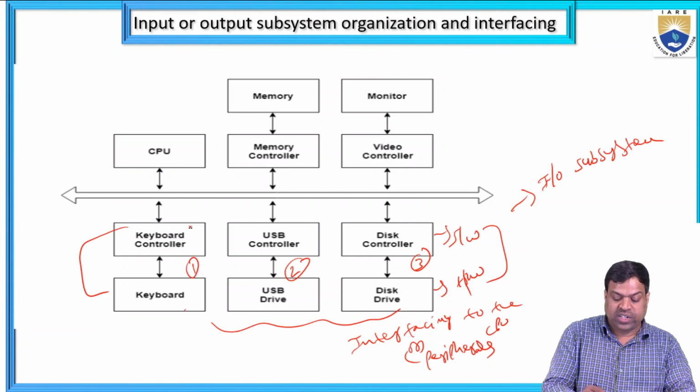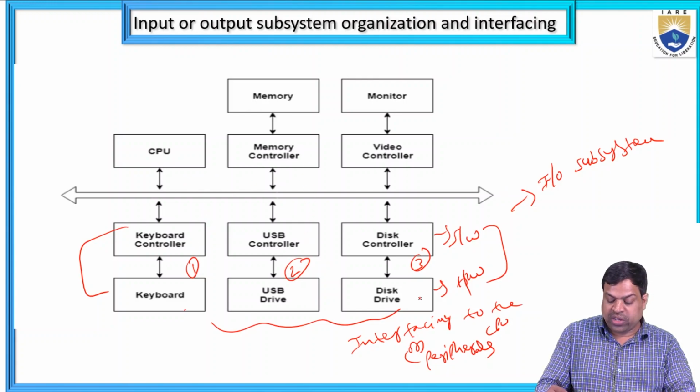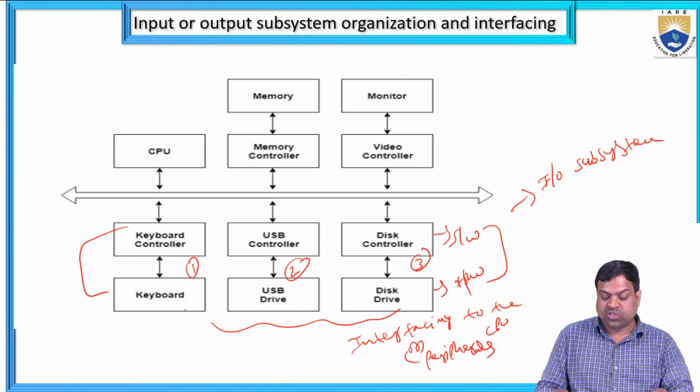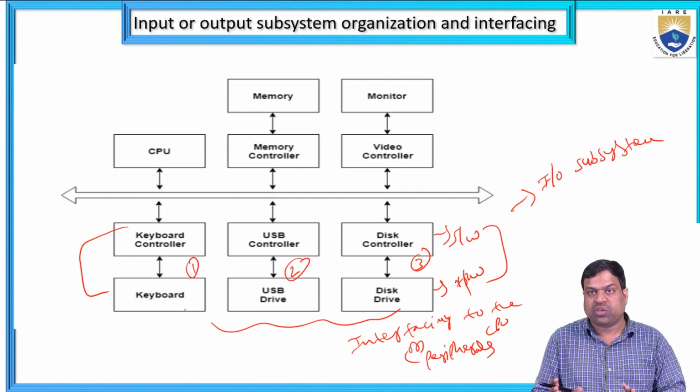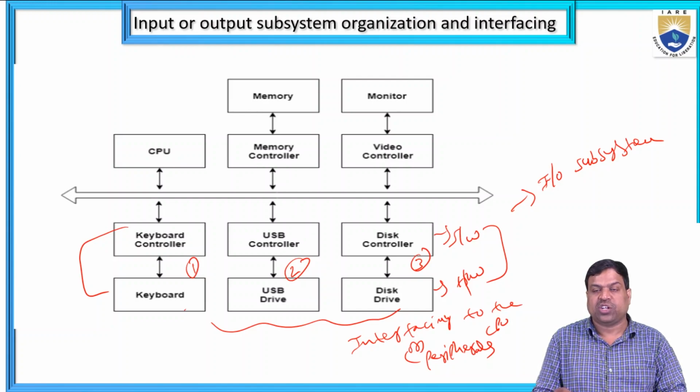It is connected to the address line, data line, and control line. The keyboard is connected to the CPU, the USB controller to the memory, and the disk drive is connected to the monitor or the video controller. So different device drivers are connected to different parts of the CPU. One is connected to the CPU, another is connected to the memory, and another is connected to the monitor or video controller.